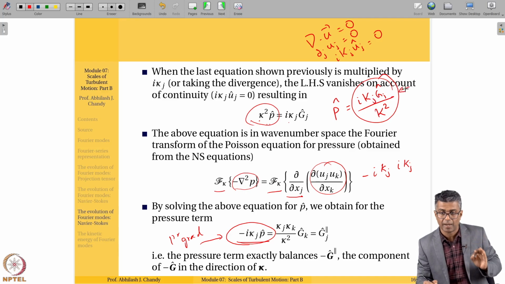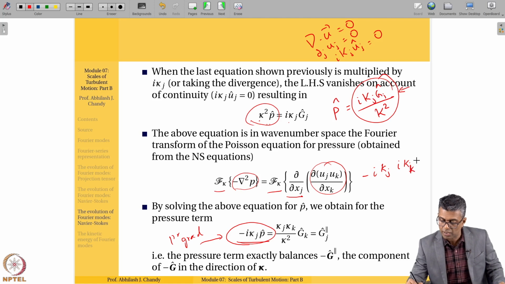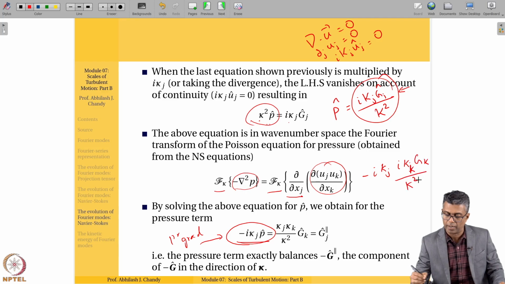I have a j as a dummy index. So I could just switch the indices and write it as kappa k gk divided by kappa squared, which is what I'm doing here. So I have kappa k gk, then I have the kappa j from this kappa j, and I have kappa k gk over kappa squared.